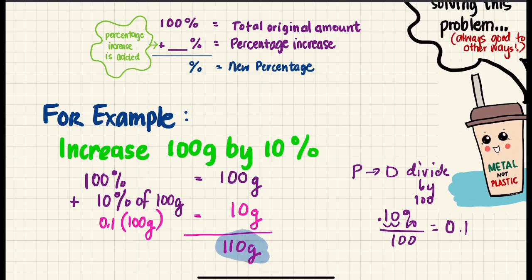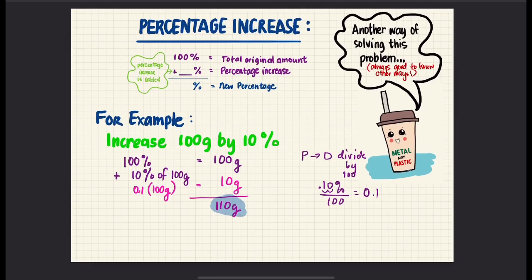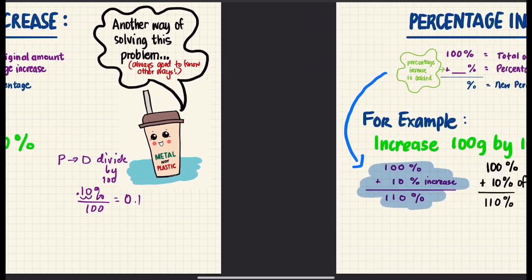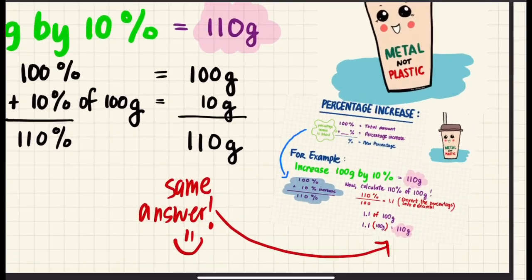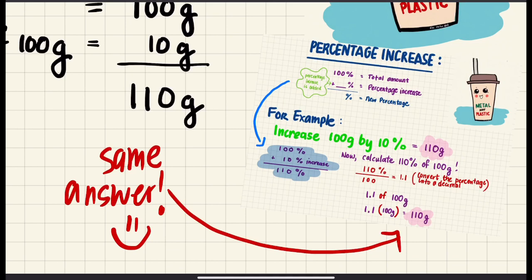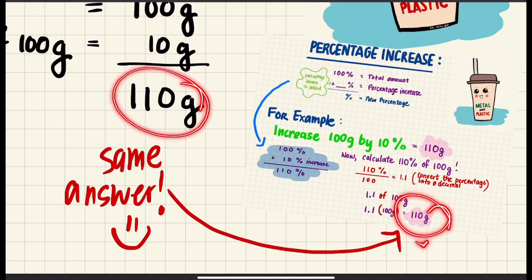Now, do we have the same answer? Let's see. Yes, we do. See, this is the other way. We got 110 grams, and this is the new way that I taught you. They are the same.